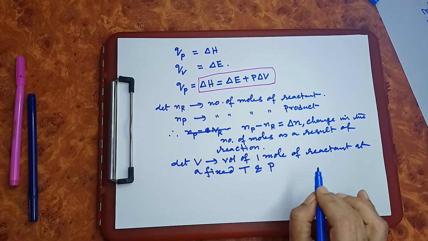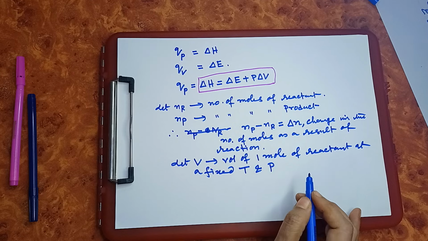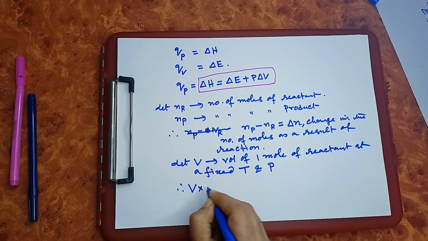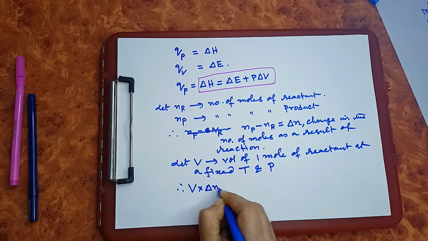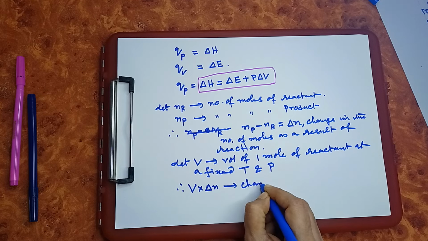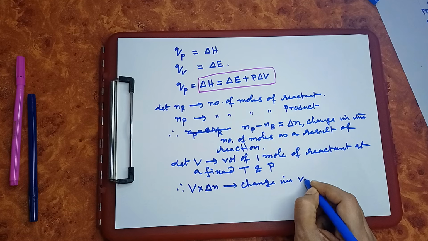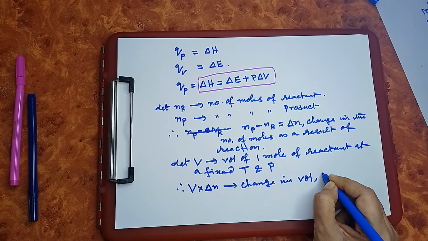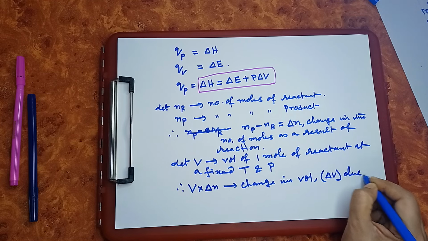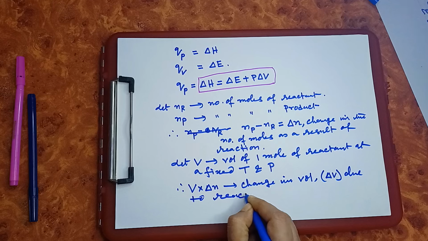So V into delta N will be the change in volume, that is delta V due to reaction.